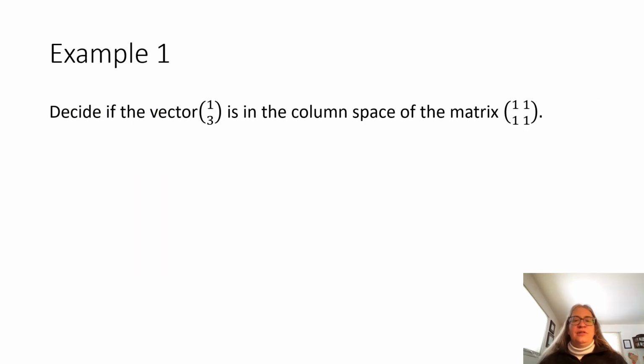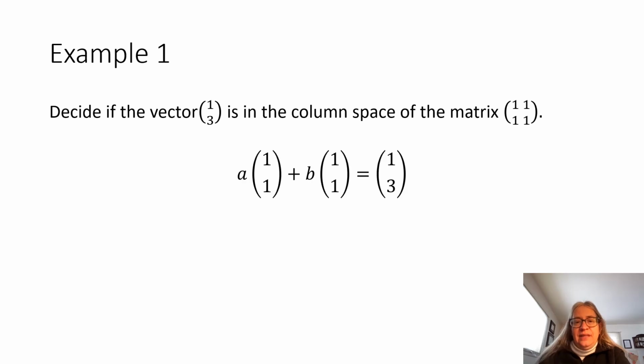So here's an example to show what we mean by the column space. The question is to decide if the vector (1, 3) is in the column space of the matrix with rows (1, 1) and (1, 1). Okay, so remember what column space means. It means in the linear span of the columns.